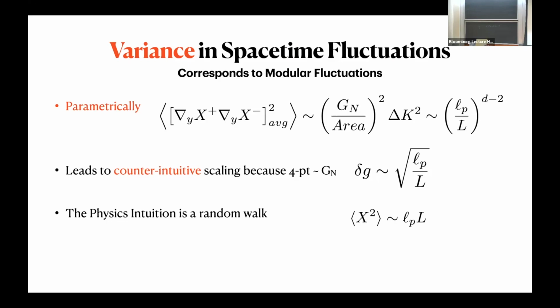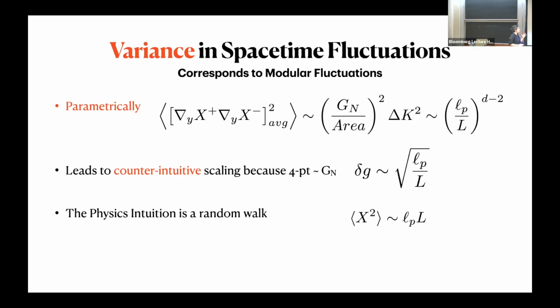Now everything here is totally normal in terms of G Newton. The expectation value around the delta K, yes, that's right. Thank you. So that gives you an area on G Newton. Parametrically, that cancels one of these factors, and you get one factor of G Newton divided by the area left over.